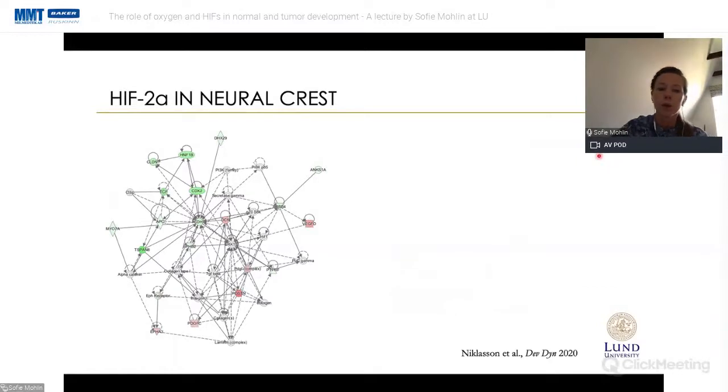So going back to the RNA-seq data, I'm not going to go into it, but we looked for enrichment of different signaling pathways, and there were actually very few, but one of them was the PI3 kinase family.